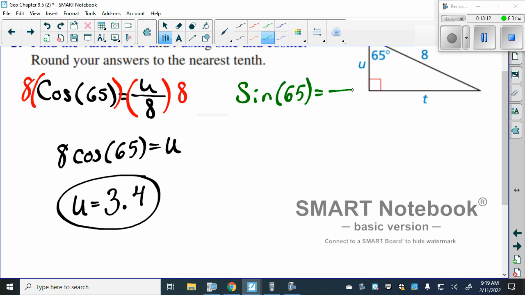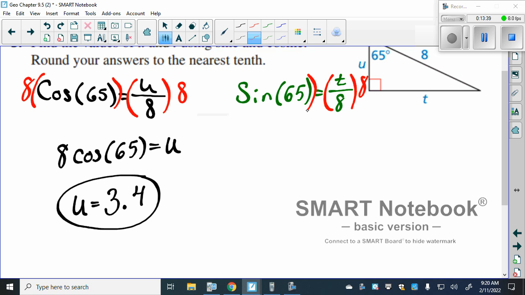Now sine of 65 degrees would be what over what? Because it's opposite over the hypotenuse. The side opposite the 65 degrees is t, so we would have t in the numerator, and 8 is still the hypotenuse. So what would we do first?